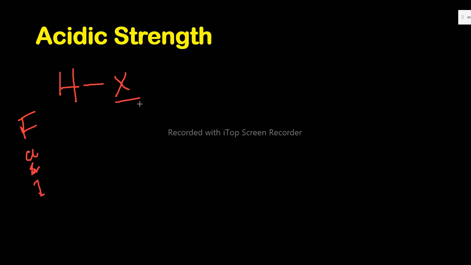Now, for you to become an acid, you must be able to dissociate and release only hydrogen ions as positively charged ions, and a halogen ion.